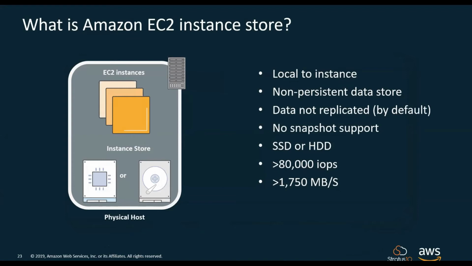However, if an EC2 instance dies or it's replaced by an auto-scaling action or something happens to it, then you would lose the data that is in that local storage. So it has its applications. You just have to make sure you understand that it is ephemeral, that you can't take snapshots out of it, and that the data is not replicated and it's not persistent.